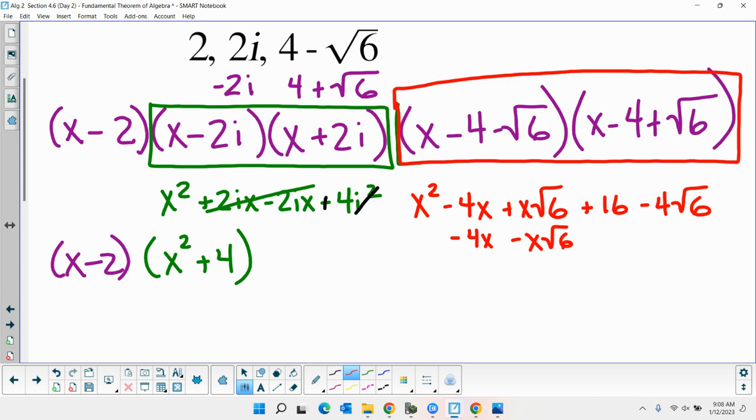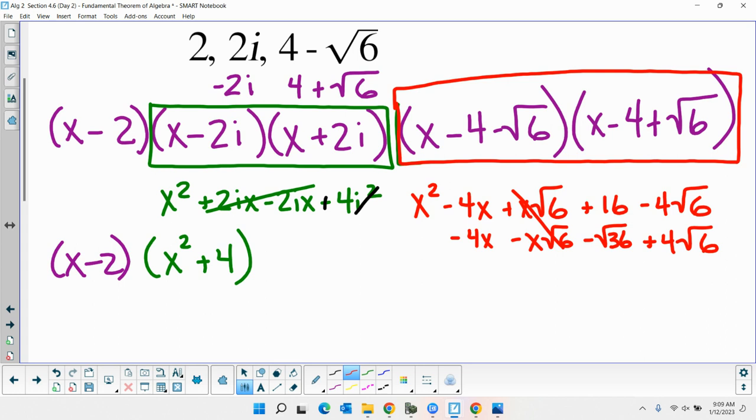Negative radical 6 times negative 4 is positive 4 radical 6. And negative radical 6 times a positive radical 6 is a negative square root of 36. All right, what happens to the x radical 6's? Cancel.